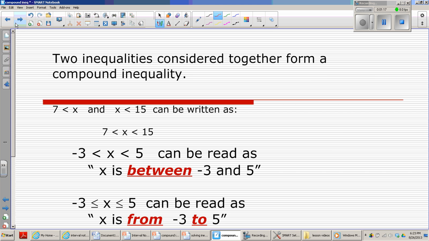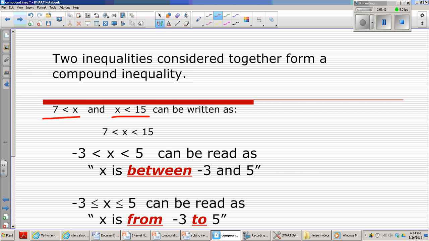Two inequalities considered together, again, form what we call a compound inequality. So if we have the inequalities 7 is less than x, and x is less than 15, we can rewrite that as one inequality. In order to do that, remember how we talked about the variable needs to come first, switch the symbol, and then the number.